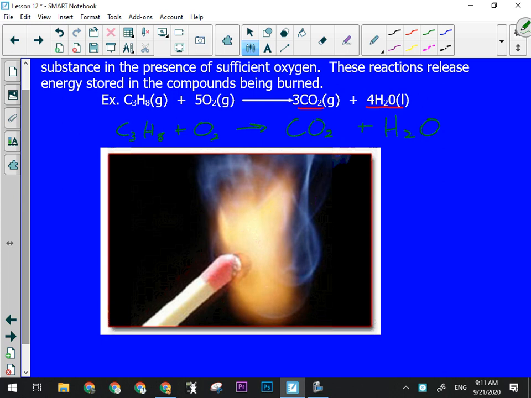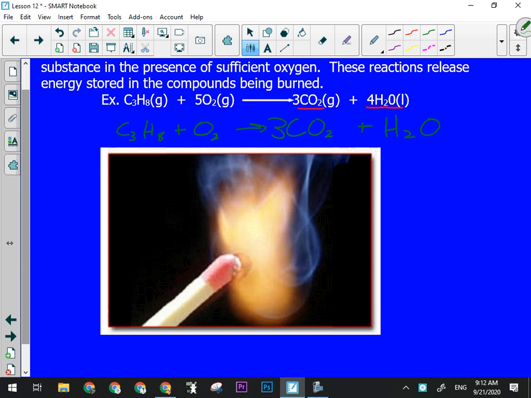So with a combustion reaction, and only combustion reactions, we balance in alphabetical order. With all other reactions you pick whatever you want. There's actually easy tricks for the others. Basically, start with the biggest number and work down. For this we start alphabetically. On this side I have 3 carbons. Over here I have 1. So if I put a 3 here, am I fixing that problem? Yes, I have 3 carbons over here, and now 3 carbons over here.